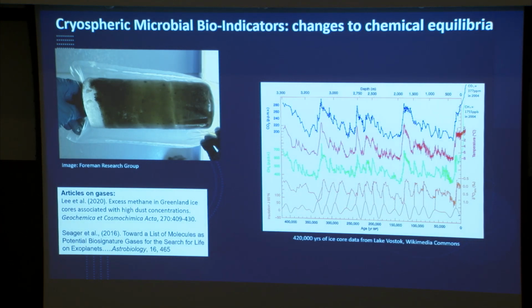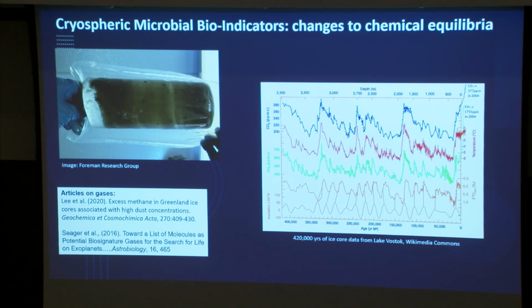To be a good indicator, those gases need to be produced biotically and accumulate in the atmosphere, so in this case we get them recorded within the ice. Ed Brook's lab at Oregon State University has shown some really nice work looking at gases, but he's also recorded really anomalously high levels of methane within these cores that's associated with dust levels, right?